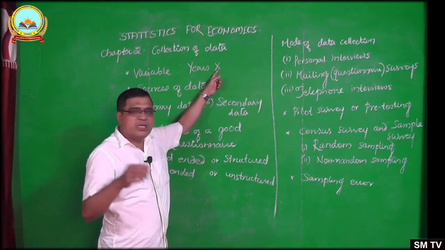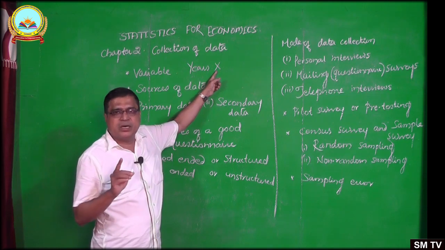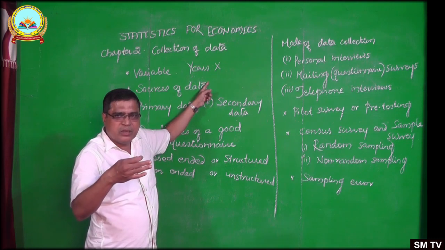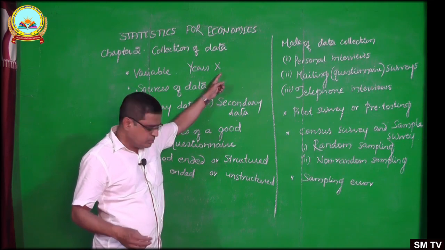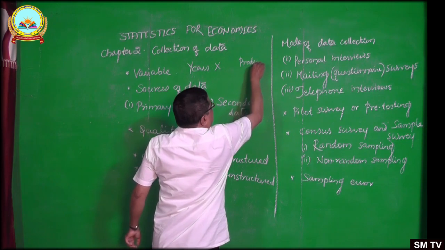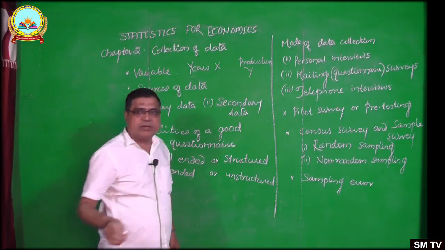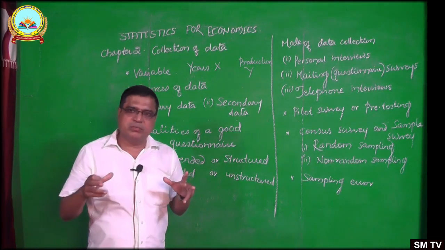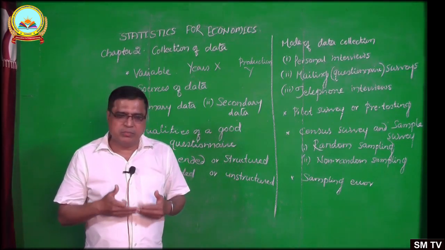So X is generally used for indicating a variable. Here the years, which vary, are called X. And the production of food grains is denoted by Y. So X and Y are two variables which assume different values. That is called a variable.